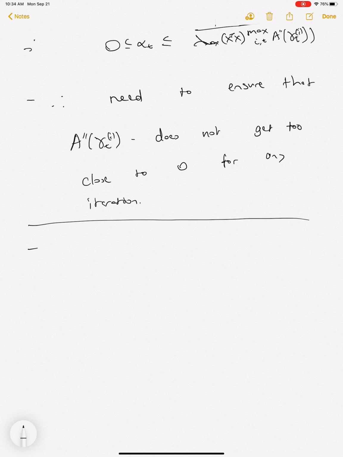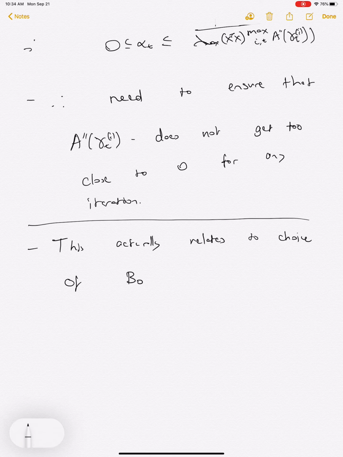And this actually relates to, does not get too close to 0.